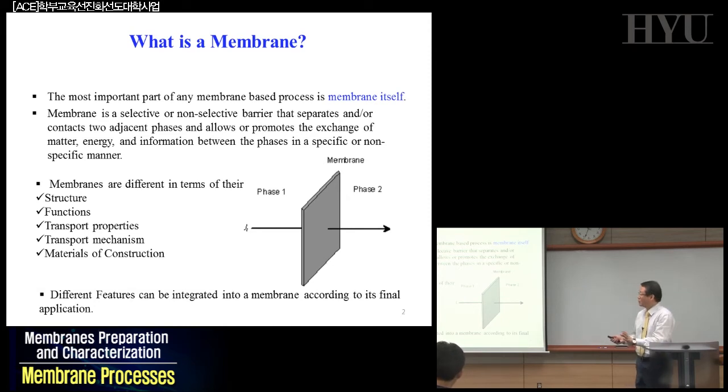So a membrane is different from a film in terms of structure, function, transport mechanism, and material construction. A membrane can separate mixtures in a single phase, and you can selectively separate binary, ternary, and quaternary mixtures through it.